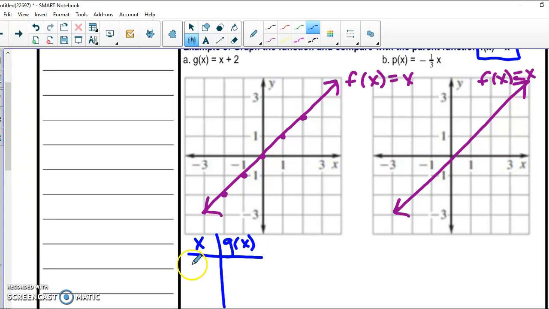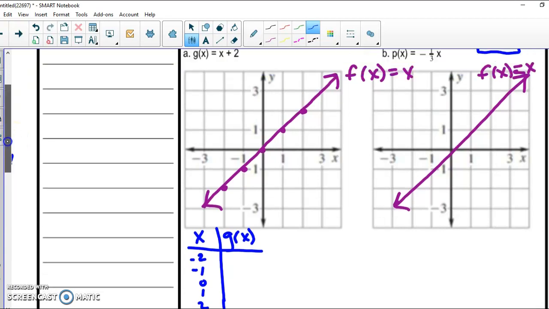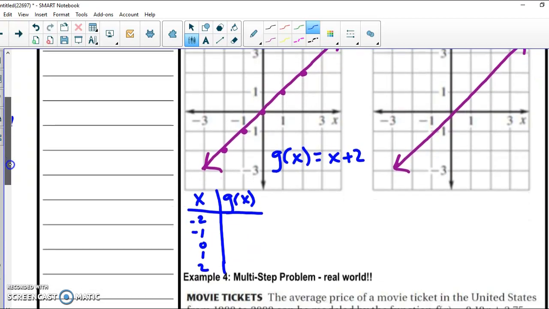And I'm probably going to do the same values: -2, -1, 0, 1, and 2. Okay, so I'm going to substitute into my function that I can no longer see, so I'm going to rewrite it down here to help myself out for right now, and then we'll erase it when we graph.